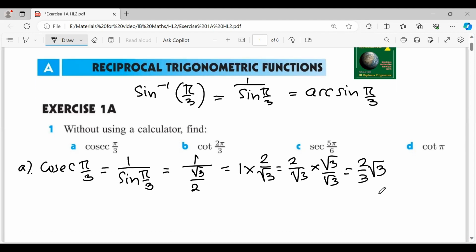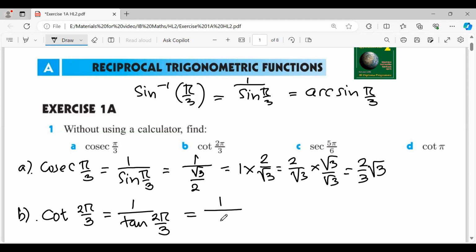Okay, let's continue. B. Cotangent 2 pi third. Cotangent is inverse of tangent. So cotangent 2 pi third equals 1 over tangent 2 pi third. 1 over, I'm going to find tangent 2 pi third, minus √3.